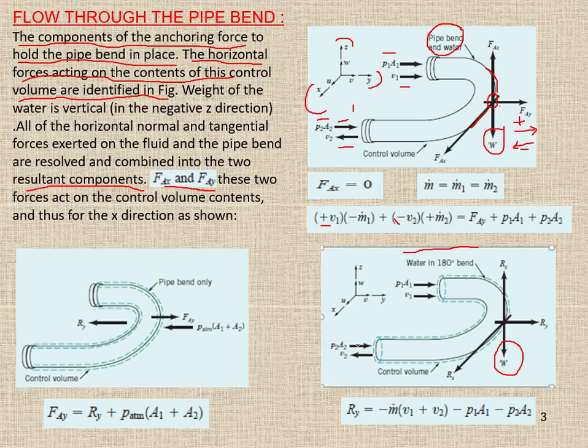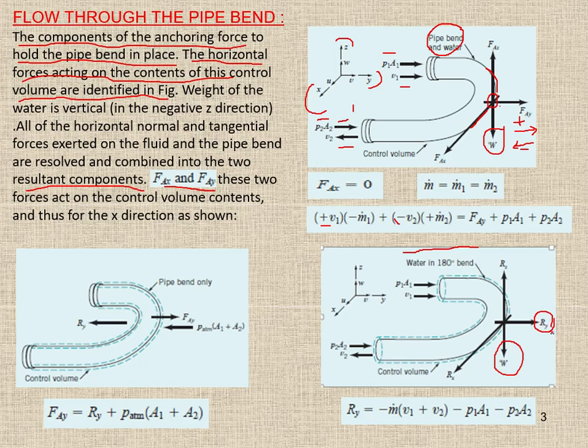This is the pressure force and the velocities. And this is the reactive force, which the fluid exerts on the surface. This is the force that the fluid exerts on the surface of the wall, so the magnitude is going to be Ry, but the direction is the same.